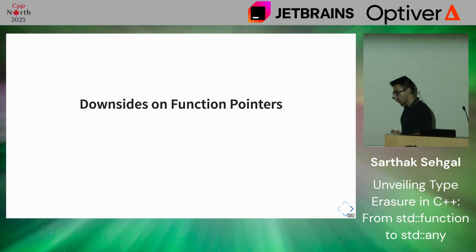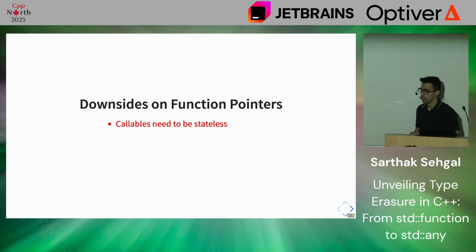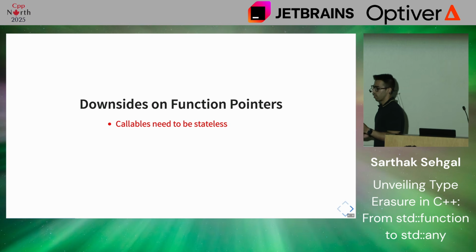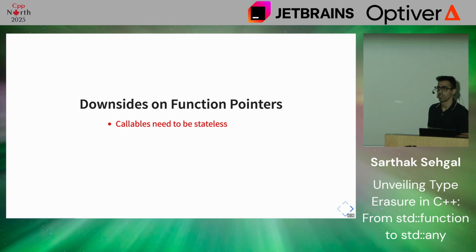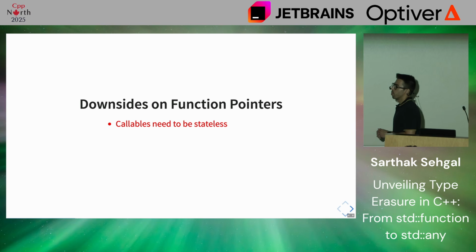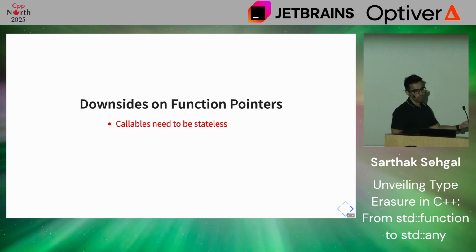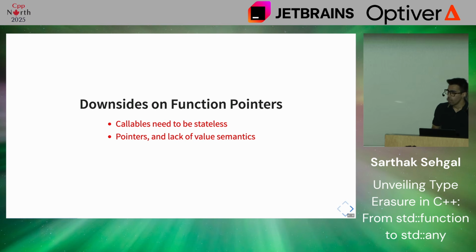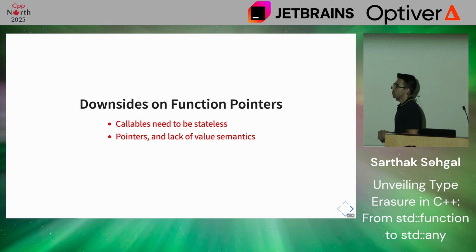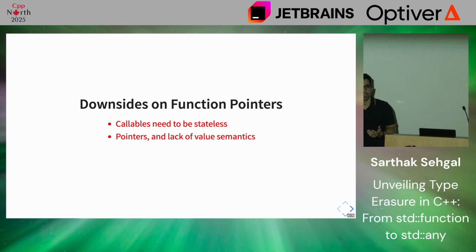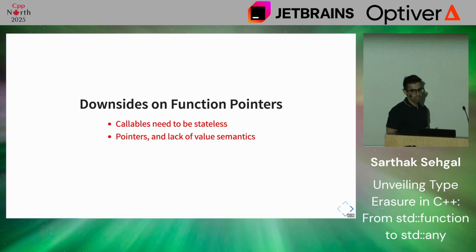The first and major downside is that all the callables that are referred to by a function pointer need to be stateless. So, for example, a lambda that captures some state or a functor that has some state cannot be referred to by a function pointer. The second downside, more from a design perspective, is that pointers lack value semantics.